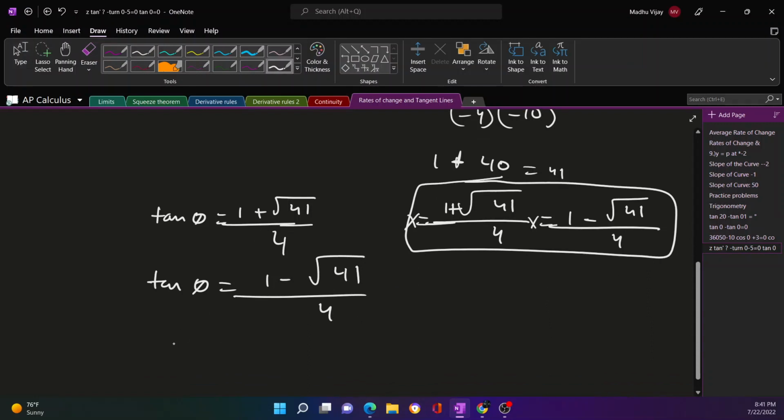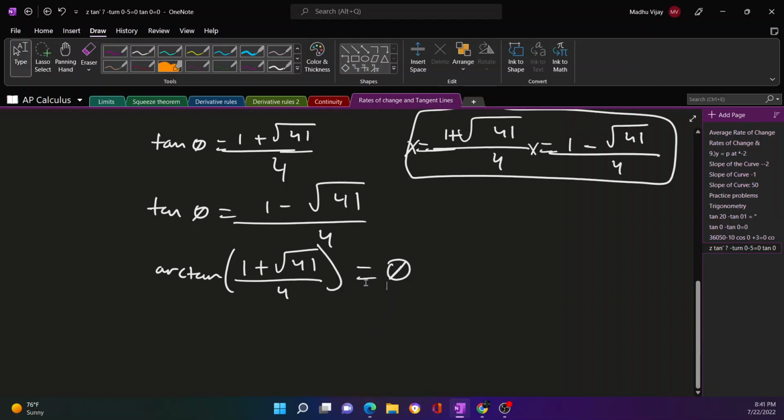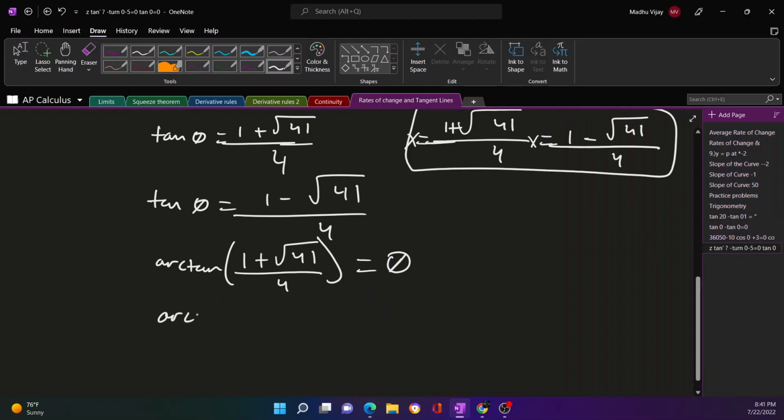Again, this would just be arctan of this entire thing over here, which is 1 plus square root of 41 all over 4, has to give you theta, and arctan of 1 minus square root of 41 over 4 has to give you theta.